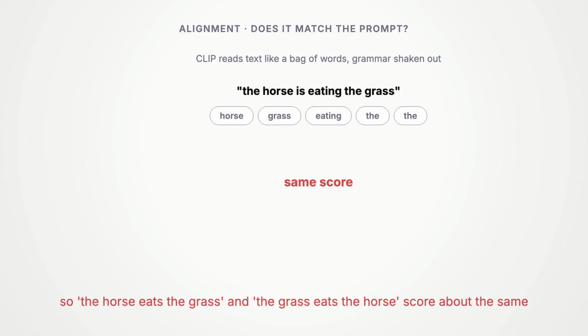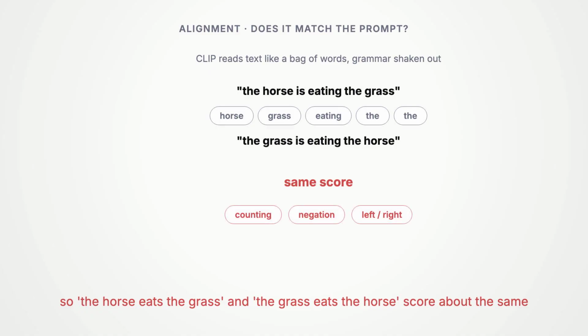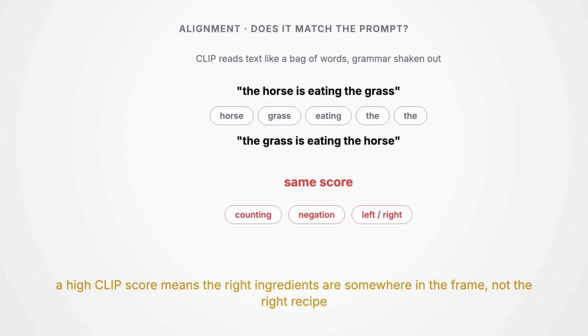So the horse is eating the grass, and the grass is eating the horse score about the same. Counting, negation, left versus right, a cube on top of a sphere, all the relationships that make a sentence mean something, are exactly where it is weakest. A high CLIP score does not mean the picture got the prompt right. It mostly means the right ingredients are somewhere in the frame.